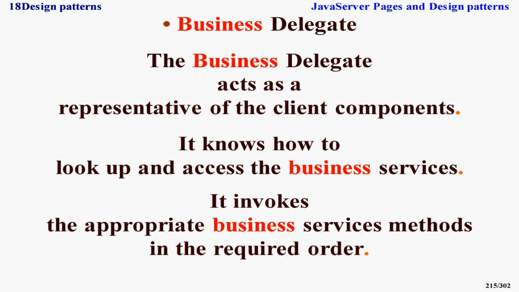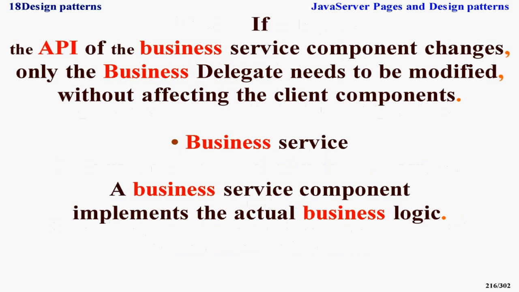It knows how to look up and access the business services. It invokes the appropriate business services methods in the required order. If the API of the business service component changes, only the business delegate needs to be modified, without affecting the client components.